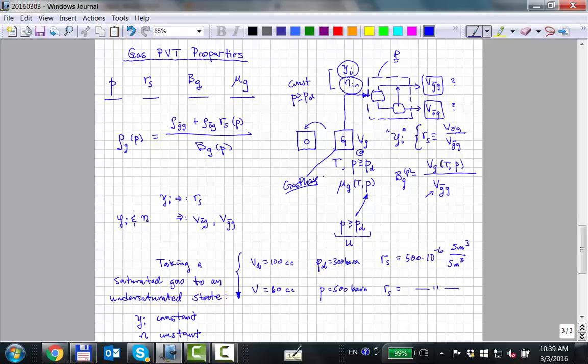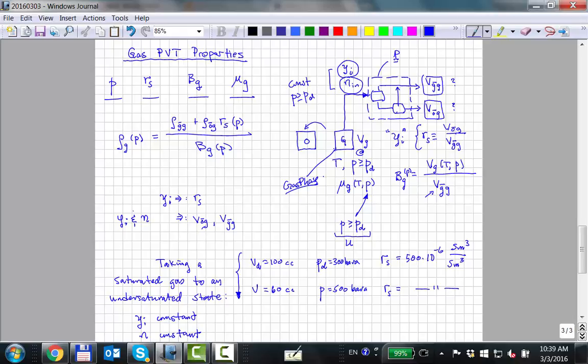Then I throw away the oil and look at that gas by itself as a gas phase. First, we have to create the gas, which we did by putting it together with some oil. Then we throw away the oil and keep the gas. Now we can keep that as a gas phase as long as the pressure is equal to its dew point, and above.